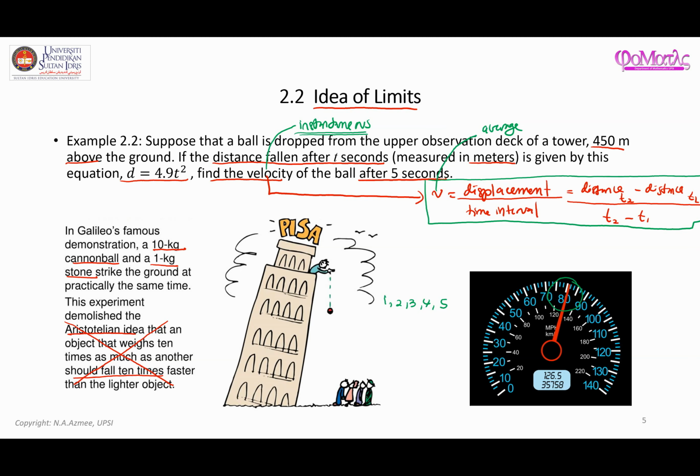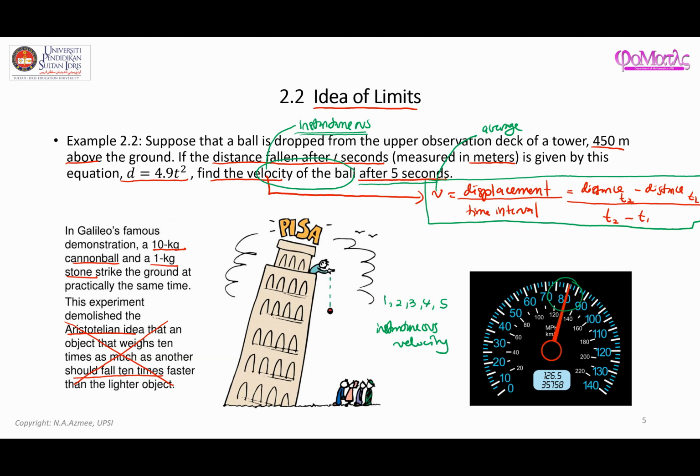That's how you can find the instantaneous velocity. But if you go back to our example, we don't have such a machine, we don't have a speedometer to help you find the velocity of the ball immediately after 5 seconds.